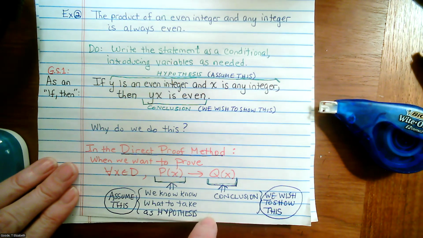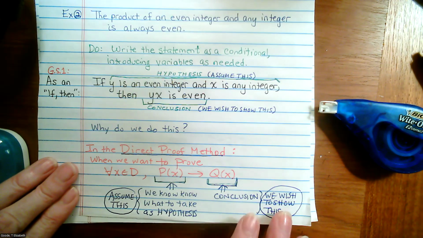Because the contrapositive is logically equivalent to the original if P then Q, our next proof method will be proof by contrapositive or proof by contraposition, where we look at the contrapositive and take its hypothesis as our assumption, and we will try to prove its conclusion.